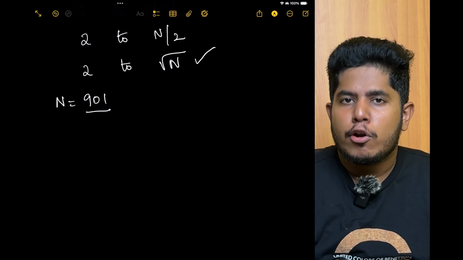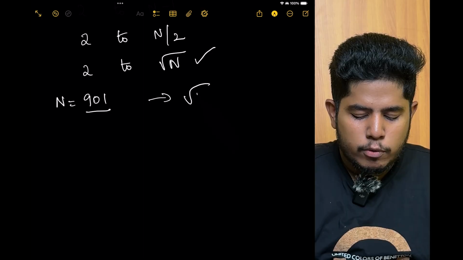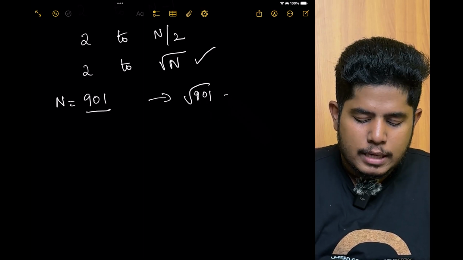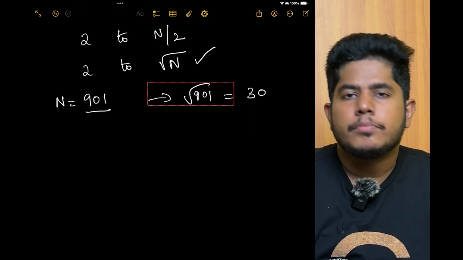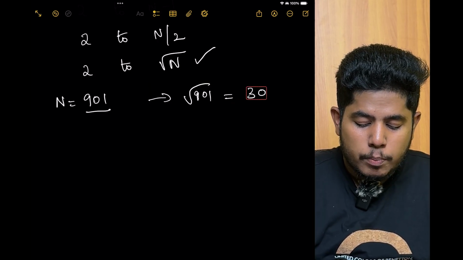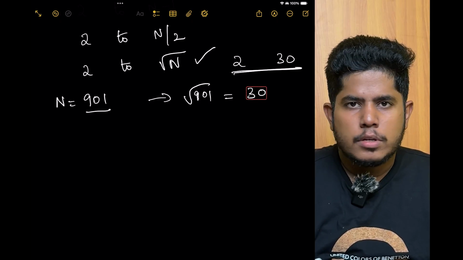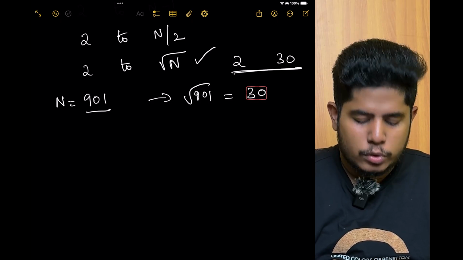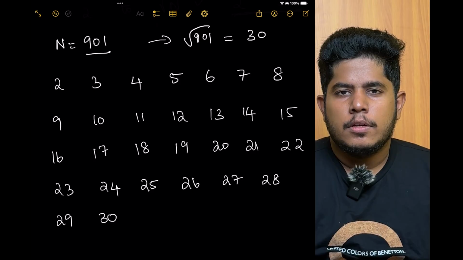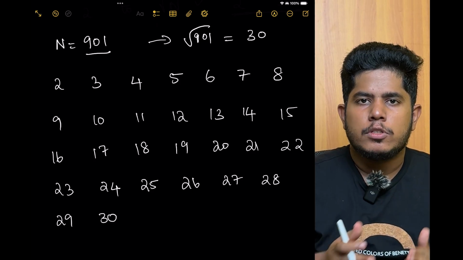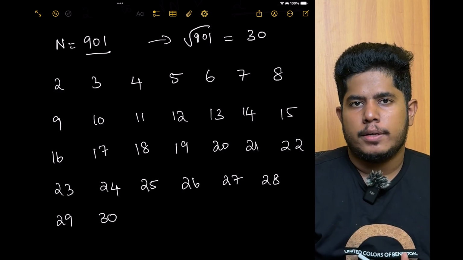Here n is 901, then what is the value of square root of 901? Square root of 901 is approximately 30. So which means we need to check between 2 to 30 basically. So let's just list out all the values right from 2 to 30. So we have taken values right from 2 to 30, which is 2 to square root of 901.